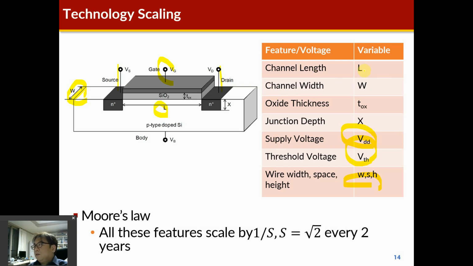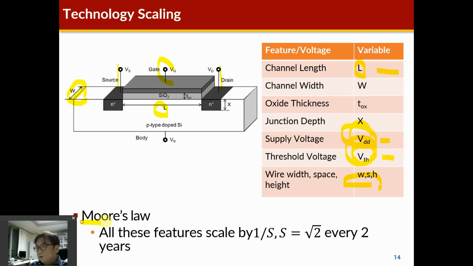But the important factors are the channel length, the supply voltage, and the threshold voltage. These three are very important technology factors in semiconductor technology.